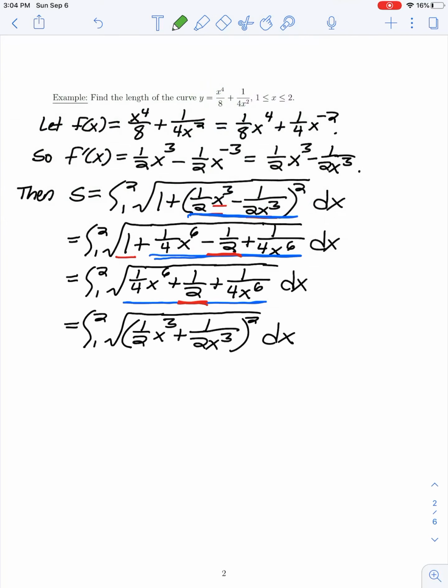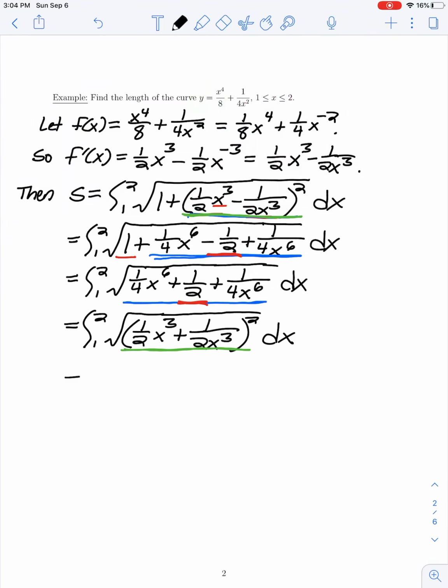So by recognizing that I have the same expression as in the previous line, but with a positive 1/2, I can see that I could factor it in the same way, but where my quantity that's being squared, instead of having a 1/2 x cubed minus 1 over 2x cubed, I've got a 1/2 x cubed plus 1 over 2x cubed.